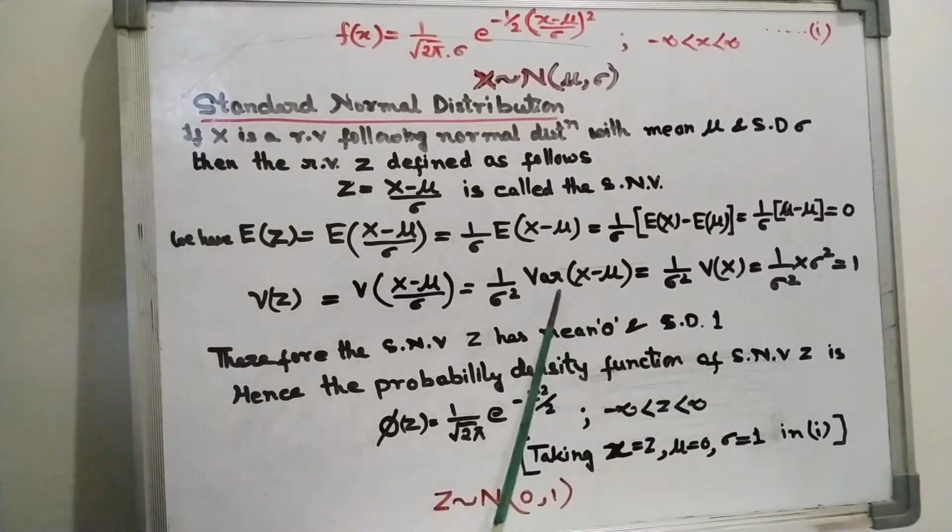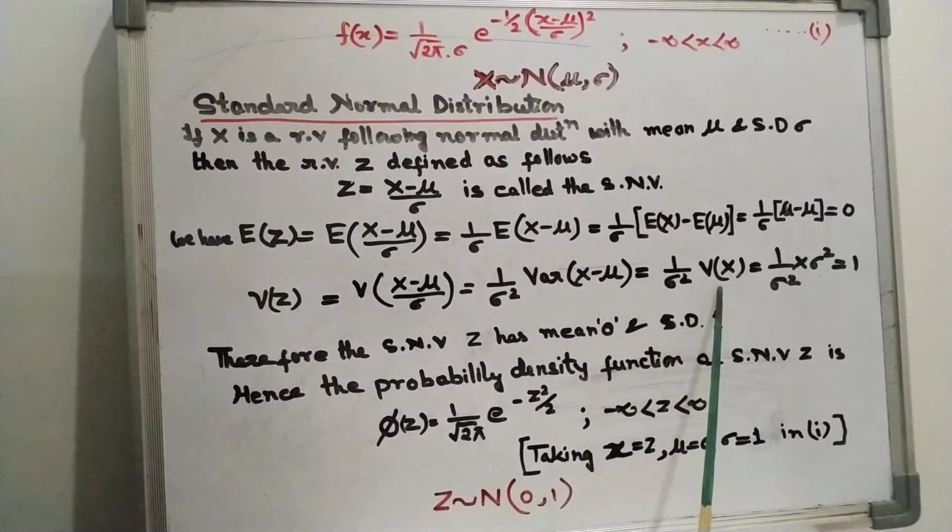As we know, variance is independent of change of origin, so in place of variance of (x minus mu) we can directly write variance of x. So it is 1 by sigma square times variance of x, and variance of x is sigma square. So it is 1 by sigma square into sigma square, which is equal to 1.